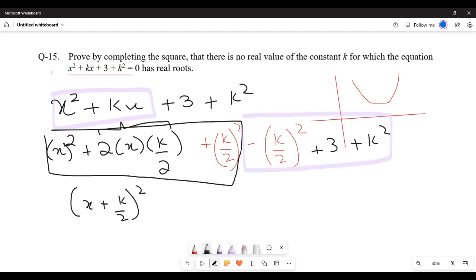It's going to be 3 and then minus half k square plus k square, which is just half k square. Hold on, this was k by 4, my bad. So minus 1 by 4 plus 1 is 3 by 4. Going to be plus 3 by 4 k square.